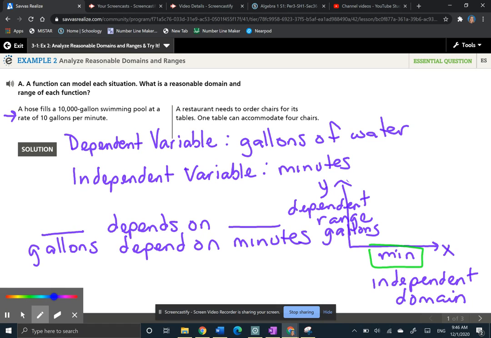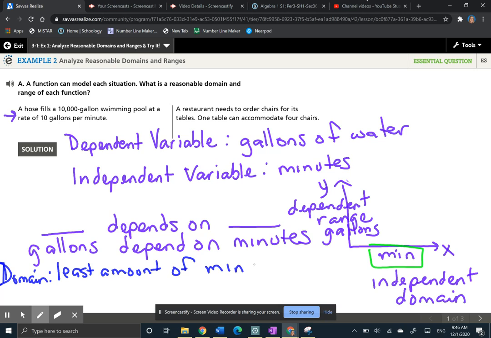The least amount of minutes, so this is for my domain, is 0 minutes.